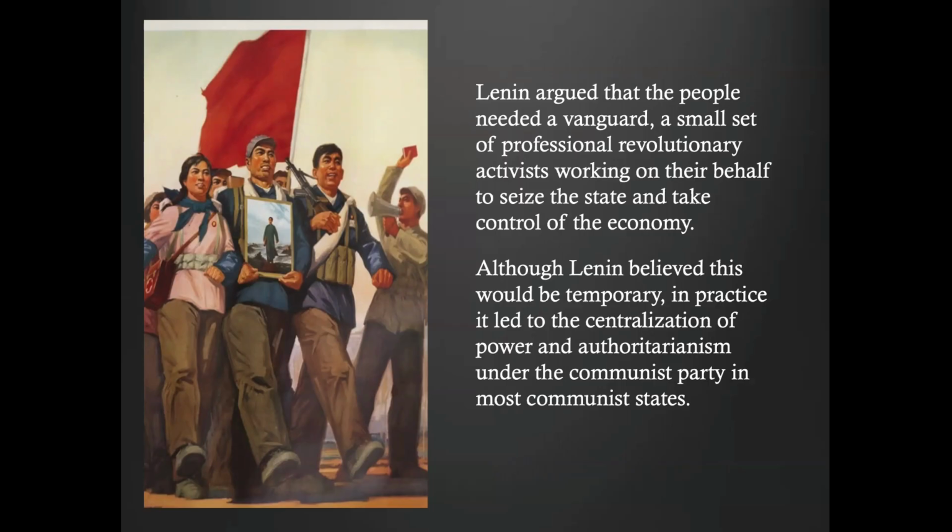Now, okay, I think that you guys could see the problem here. Because once these revolutionaries take power, once the vanguard of the proletariat take power, are they going to voluntarily give up that power? Well, that's what Lenin believed. Lenin believed this would only be temporary.